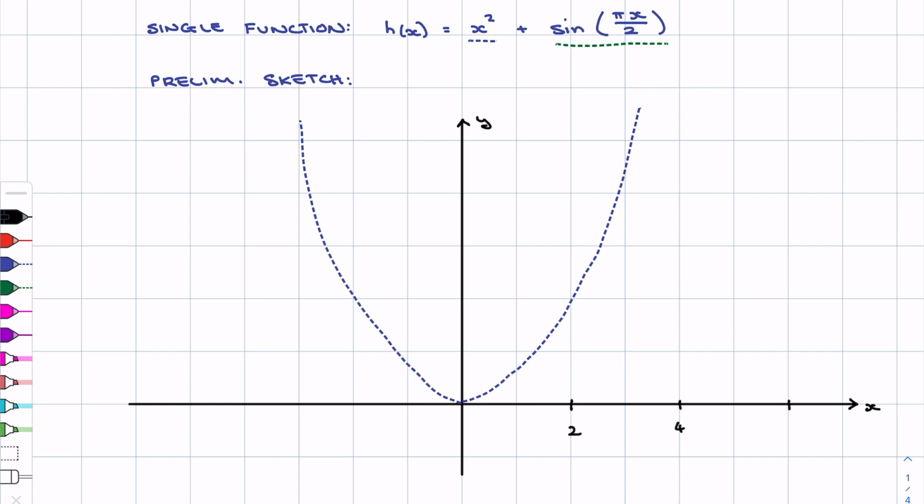Therefore, I'm going to split it up like so with such intervals. And then I'm going to start doing the sketch, and I'm just going to have it with an amplitude of 1.